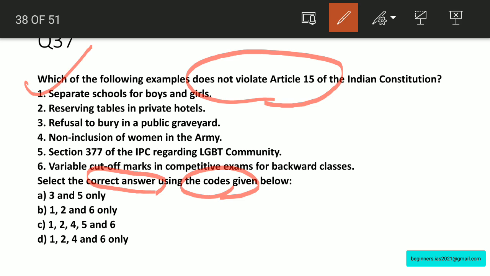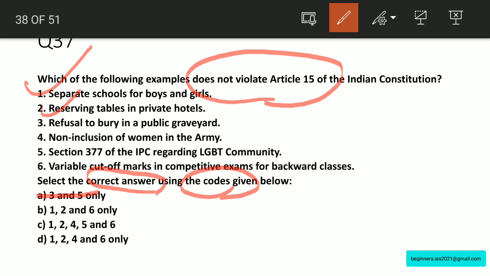Sex is not a criterion on which admission can be denied. Therefore, there can be separate schools. One is right, therefore you can eliminate A. And reserving tables is not based on caste or race. Therefore it does not violate Article 15 or 17. Therefore this is also right.